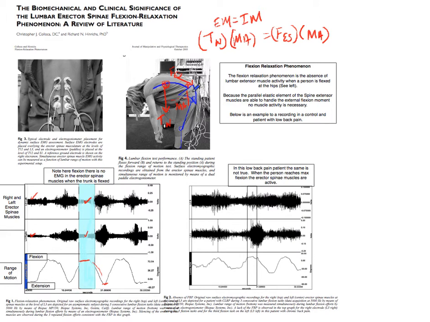So in other words, as the person moves forward into flexion, the muscles tend to turn off, even though they have this external load. So how do they balance the external load? So if we remember our force length curve, so this is length, okay, and this is force.